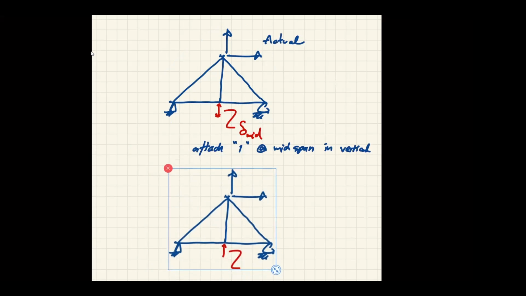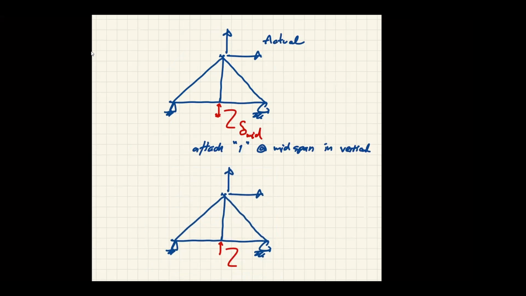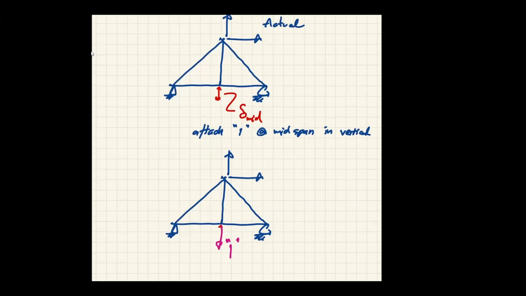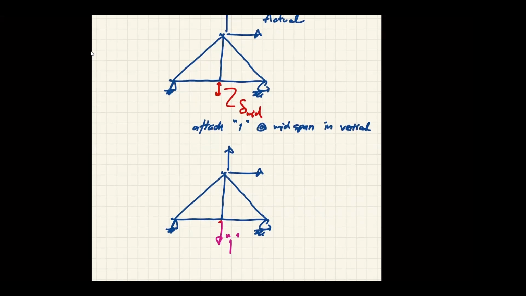Okay, with my, say, imaginary load, my virtual load here. So when the deflection occurs, this multiplied by this deflection becomes the external work. Can you see that?